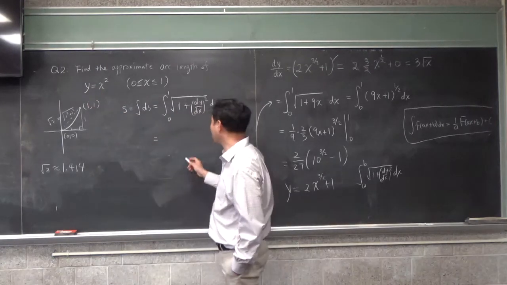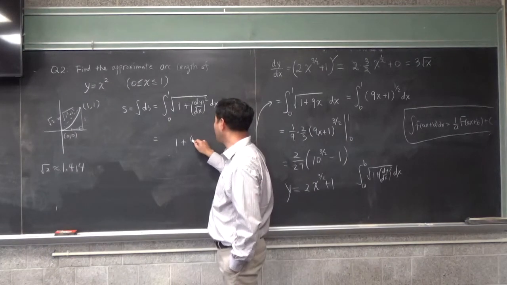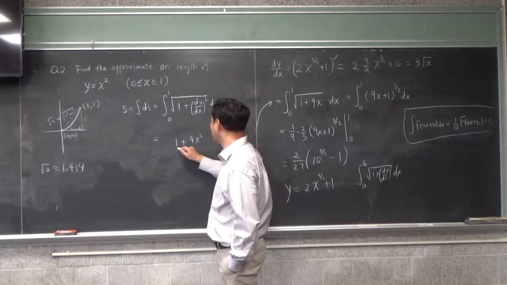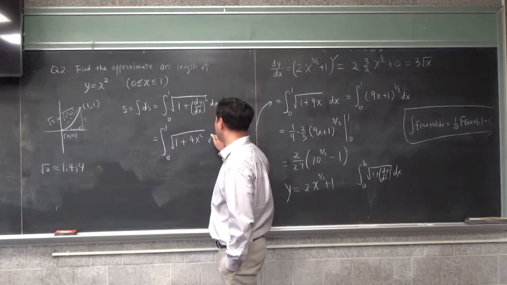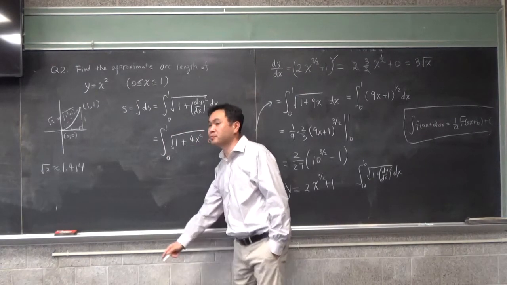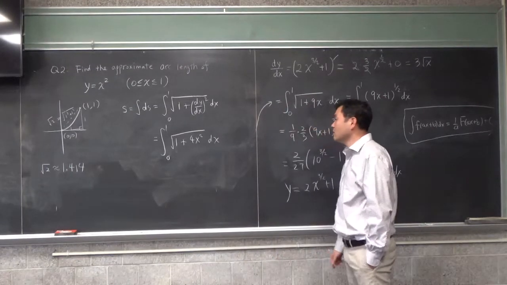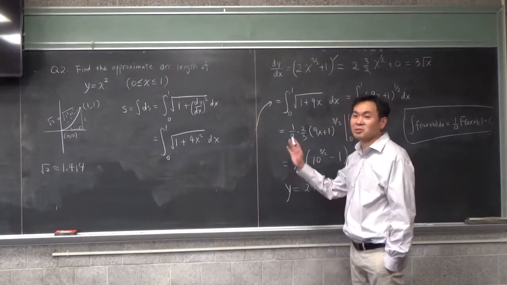So it's going to be 1 plus 4x squared. And now you get stuck.